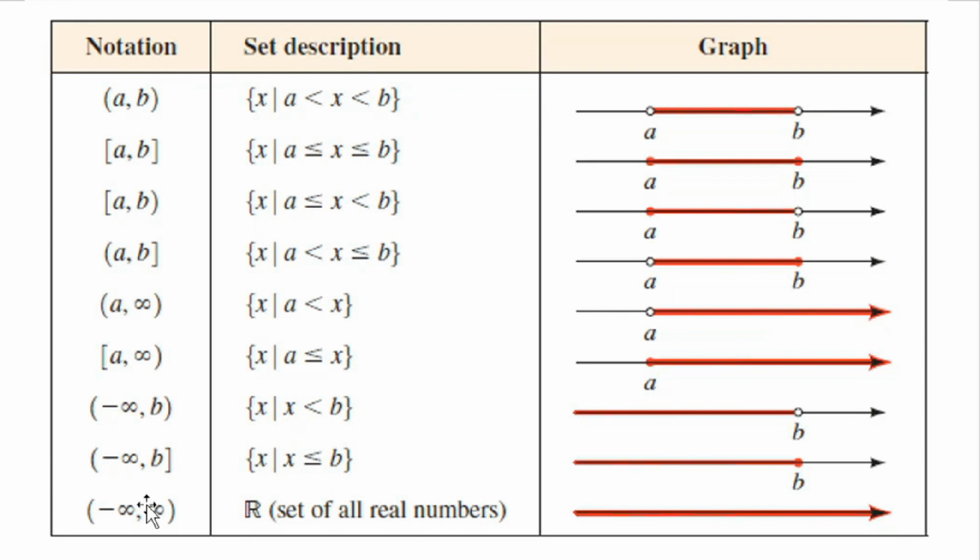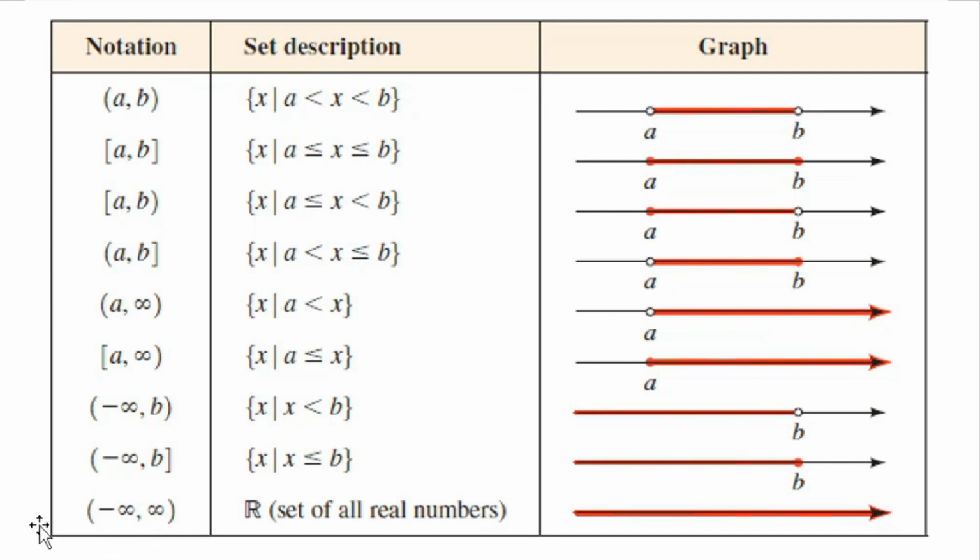Second to the last, we have negative infinity to b with a closed bracket, whose description is the set of x such that x is less than or equal to b. Therefore, the arrow is going to the left of b, but we use the closed dot. And for the last one, we have parentheses of negative infinity to positive infinity.